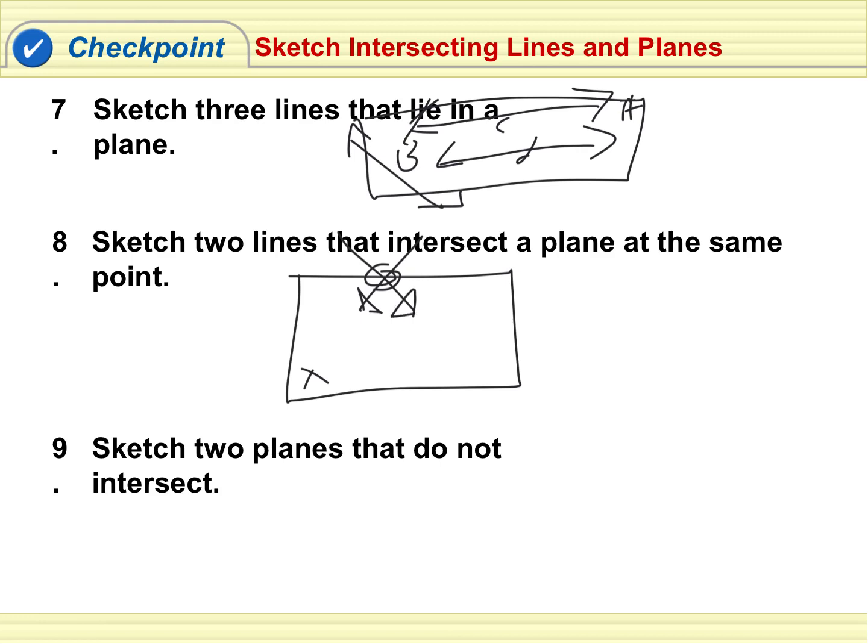I like the visual indication of intersection. Look at that. Nice job. He drew a plane with two lines that intersect at the same point. Both of those lines intersect at that point on the edge.